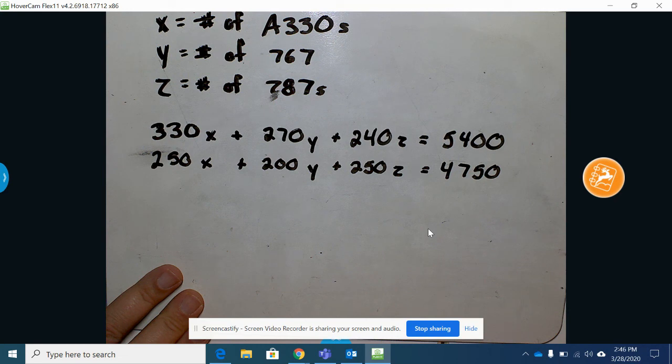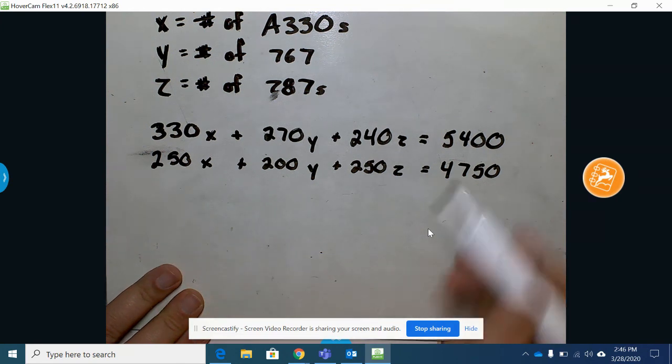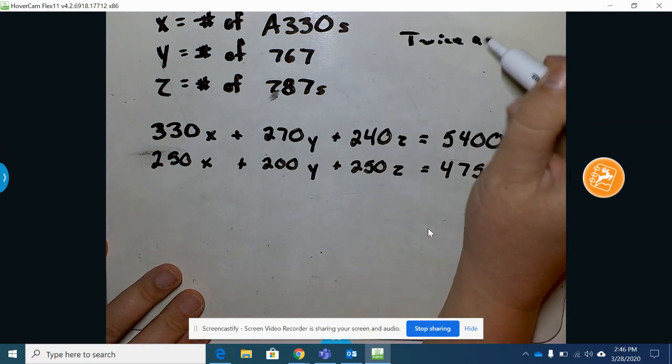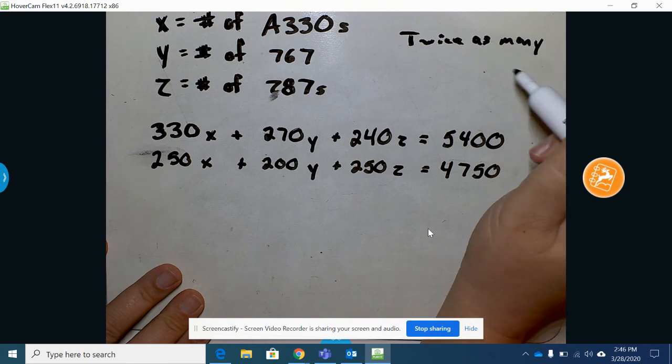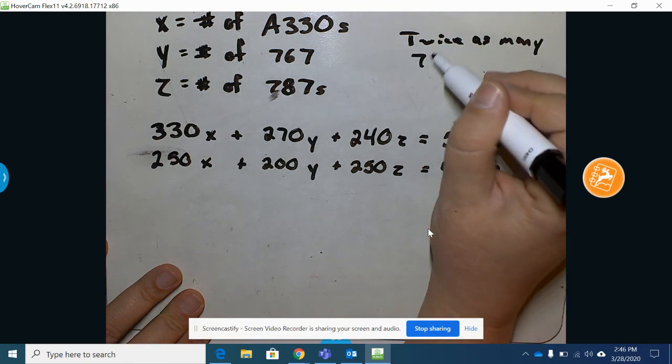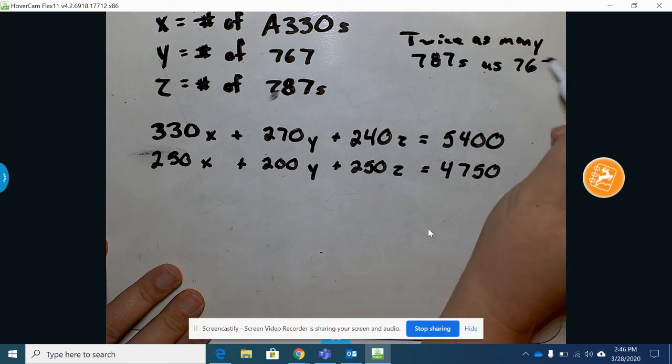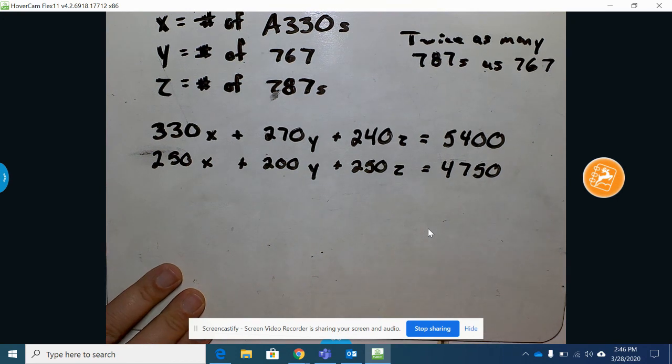All right. The last equation is probably the toughest to figure out, because in the second to last sentence, it says the total cost of the fleet, which had twice as many 787s as 767s, was 4,750. So that little fact there: we have twice as many 787s as 767s. So we have to ask, which one do we have more of?